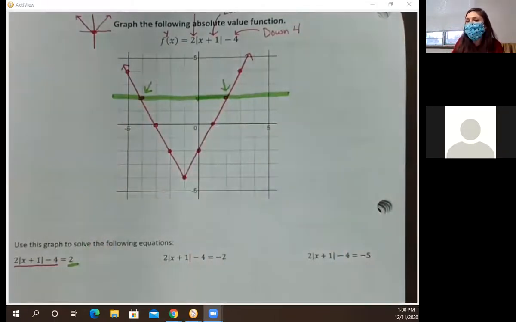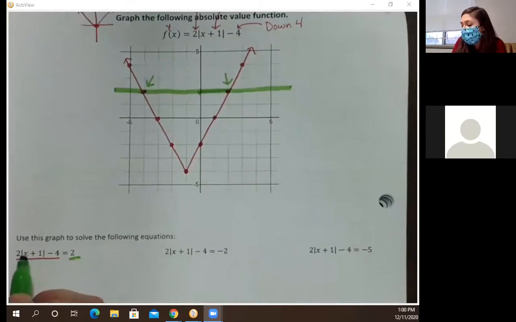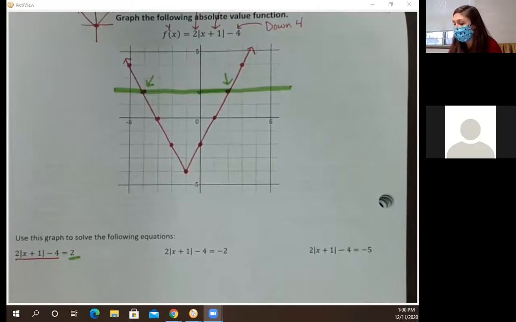Now, it's a little bit different here because for the system of equations, we had y equals something to do with x, or we had 2x plus 4y equals 7, and then another equation, something like that. But we had both variables in there. Here, we're just looking for x. So when I give my answer, I'm only going to care about x. X is the only thing in my equation, so x is the only value I'll give. But the idea is the same, that I'm looking for where these two graphs intersect.